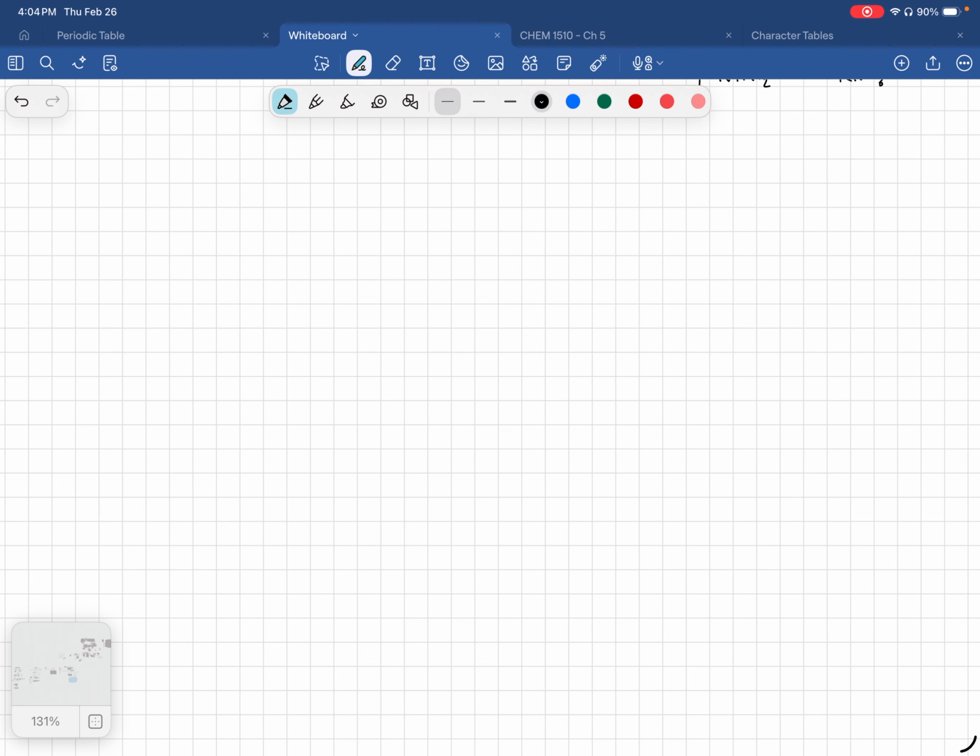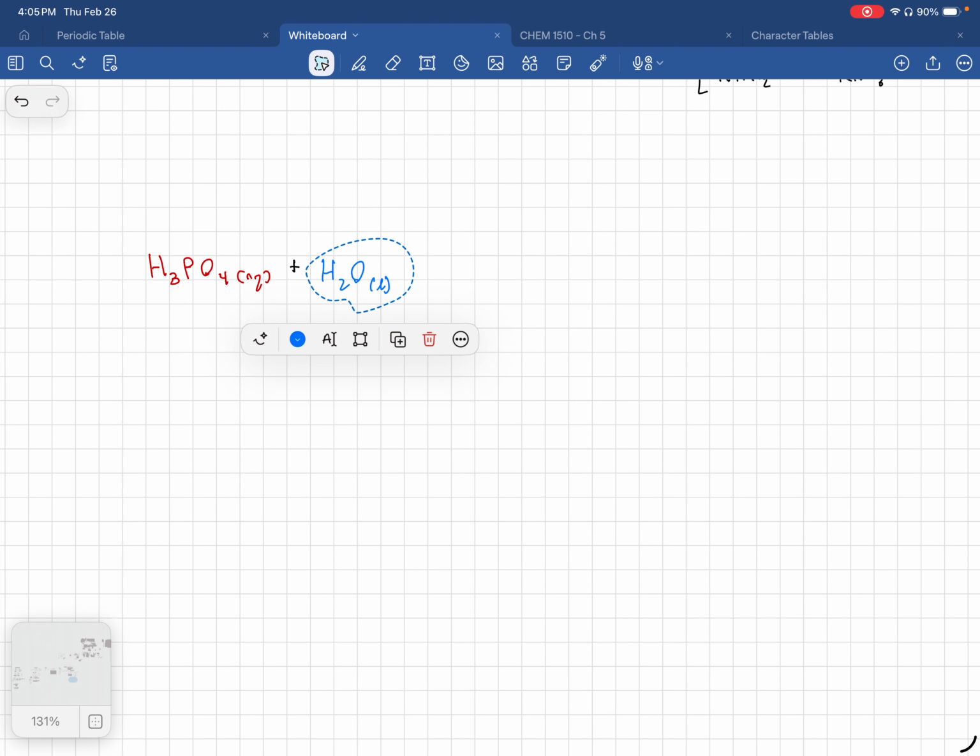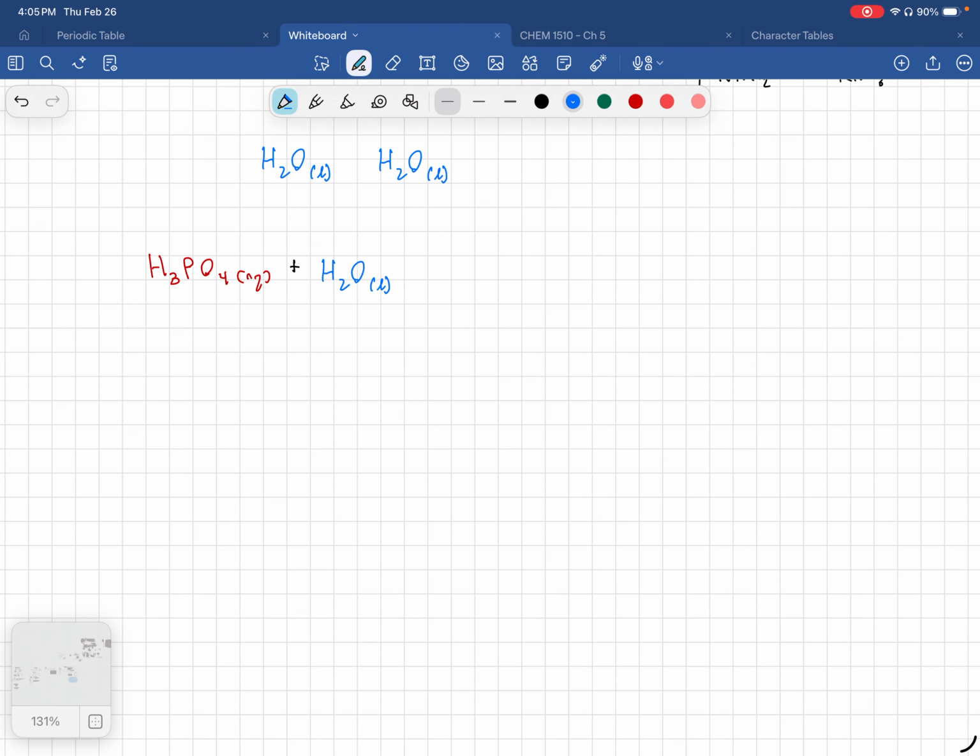All right. So we've already presented that our acids can have more than one ionizable proton. So let's look at this real quick. So I'm going to make some copies of this. I'm going to need 3 of those guys there.